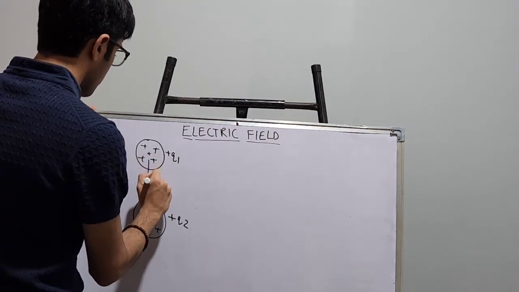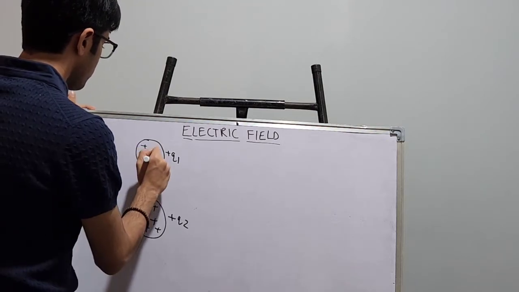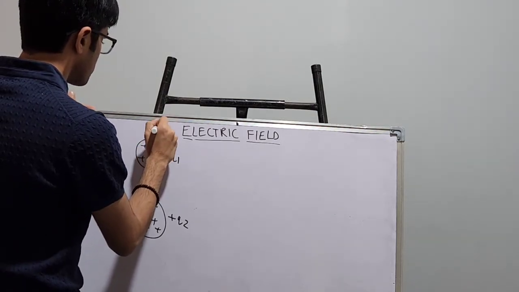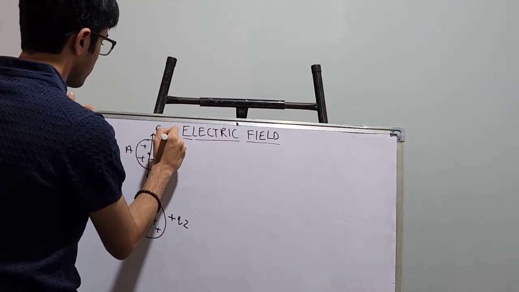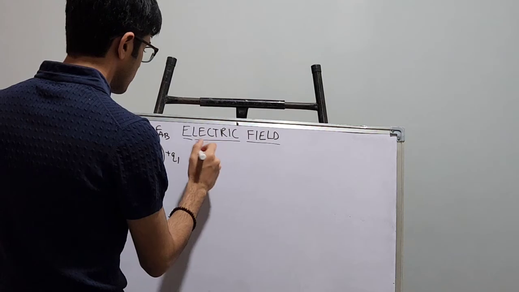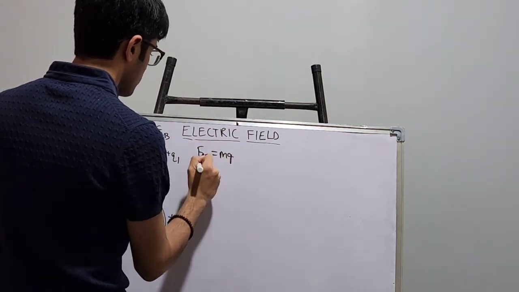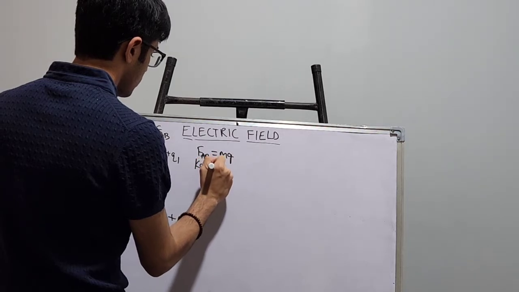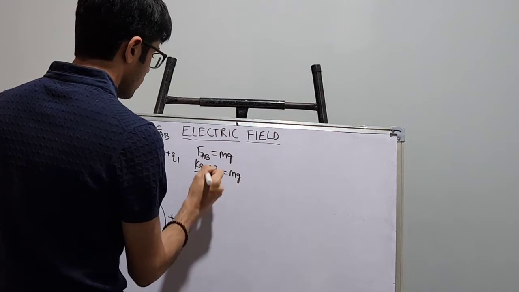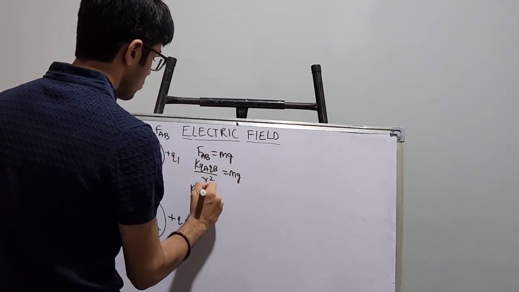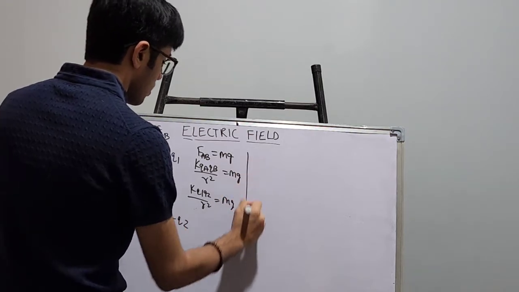This is falling and the weight would be acting downwards, but from Coulomb's law a repulsive force would act on this ball A. This is force on A due to B. So from Coulomb's law we saw that FAB is nothing but mg, and this is actually K QA QB over R squared is equal to mg. That is, K Q1 Q2 over R squared is equal to mg.